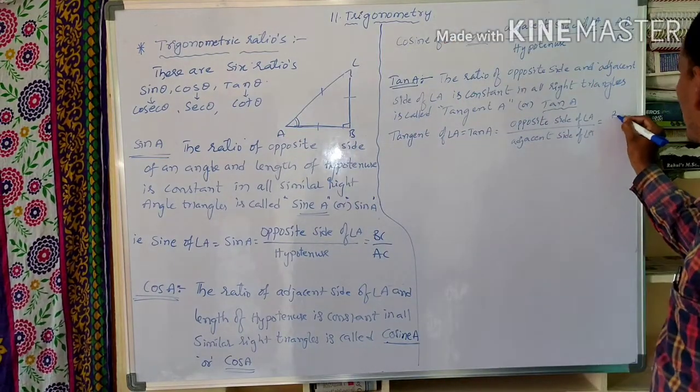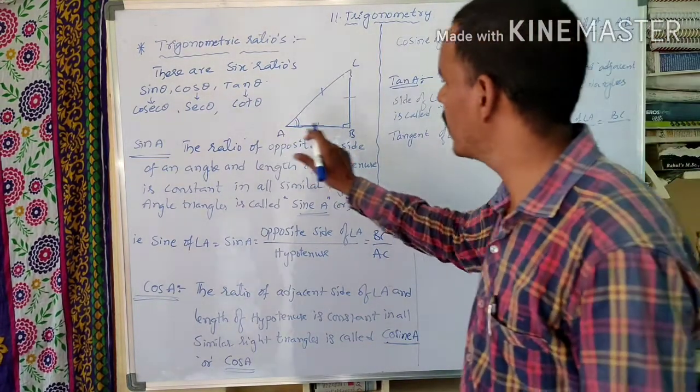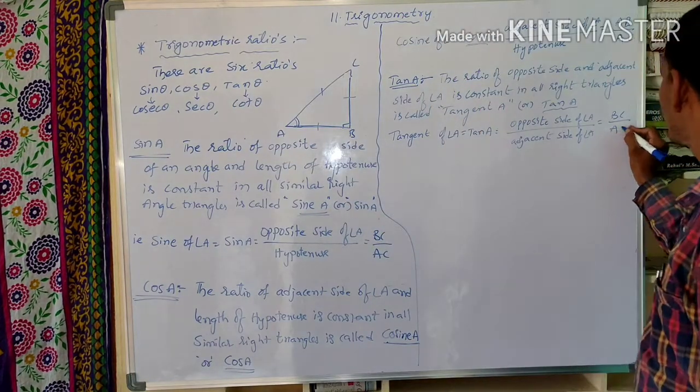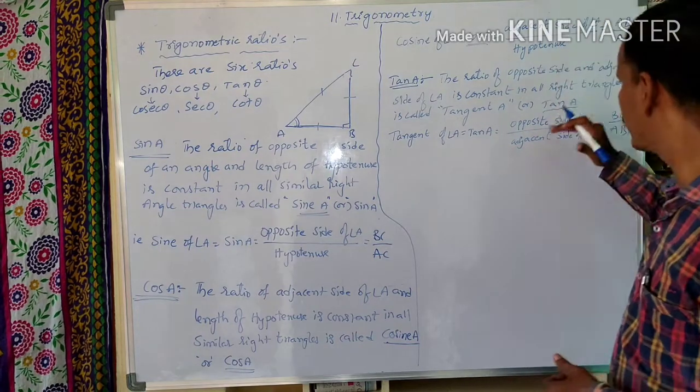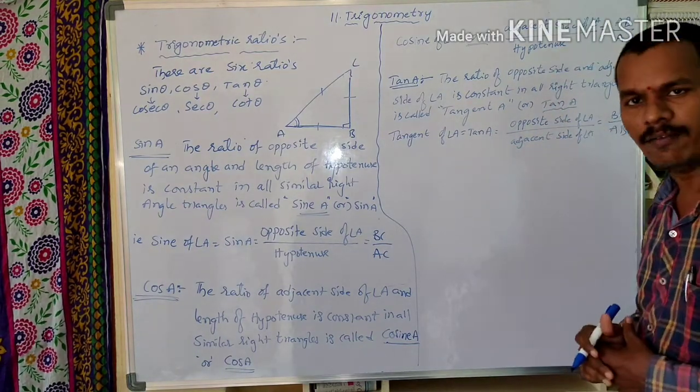BC. And what is the adjacent side of angle A? AB. So tan A is equal to the opposite side of angle A by the adjacent side of angle A.